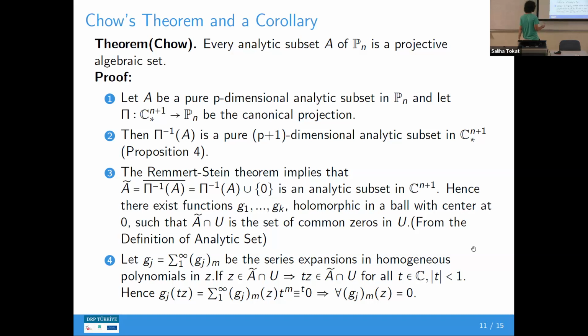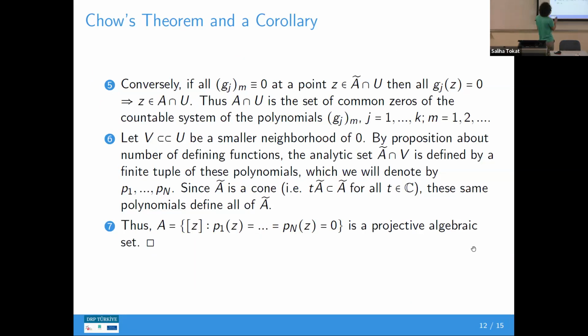Let's prove the converse. Conversely, if these coefficients are identically 0, then the g_j's are 0, so the point is in that intersection. Thus, the intersection is the set of common zeros of the system of homogeneous polynomials.